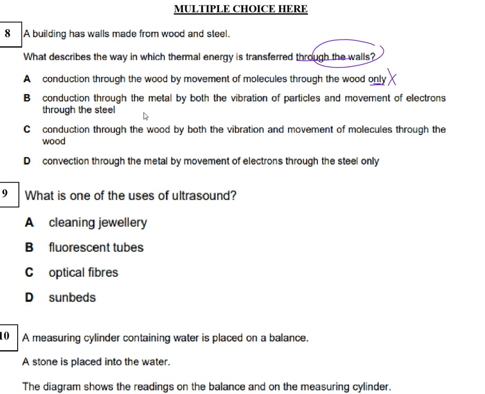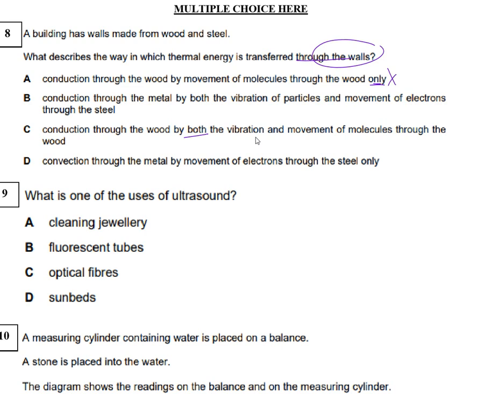The wall is made of wood and steel, so the wood by vibration through the wood. Convection through the metal by the movement of electrons through the steel.